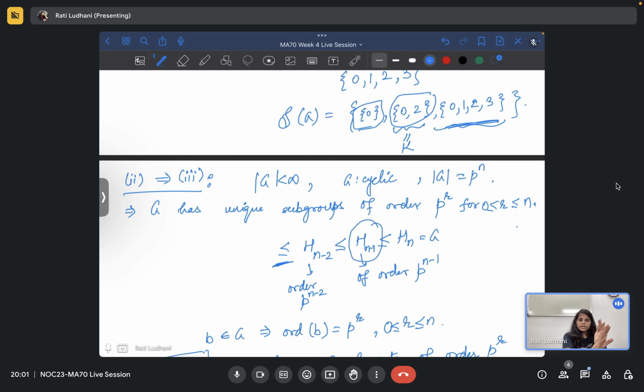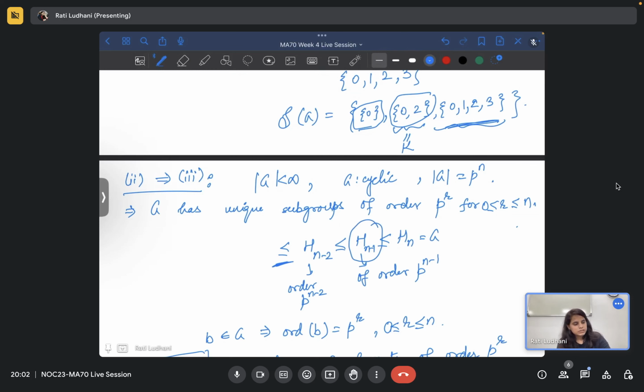Now H_{n-1}, which is a subgroup of order p raised to power n minus 1, is itself a cyclic group, so it will have some subgroup of order p raised to power n minus 2. G also has a subgroup of that order, so it has to be the same, because G cannot have two subgroups of the same order.